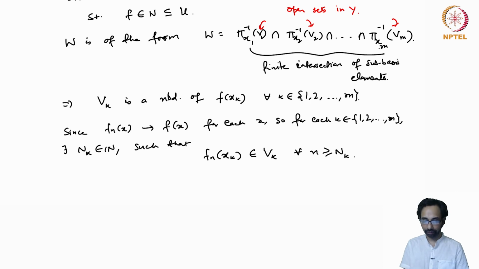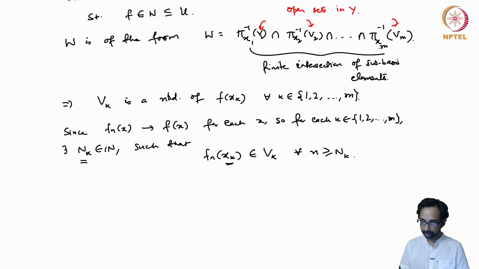So we are using the fact that fn x converges to f of x, and of course this choice of nk depends on the point xk, or in this case just on the index k. So for each k we have to choose nk, which can be different for different k.